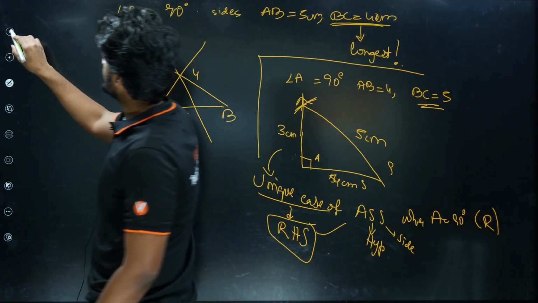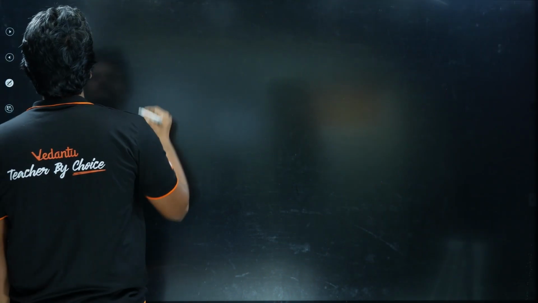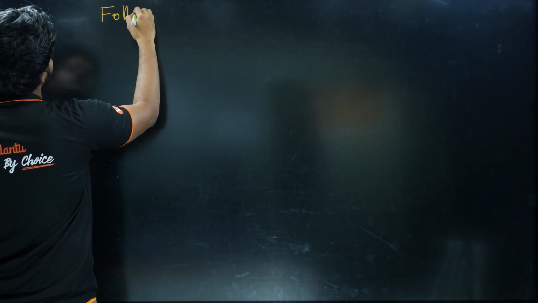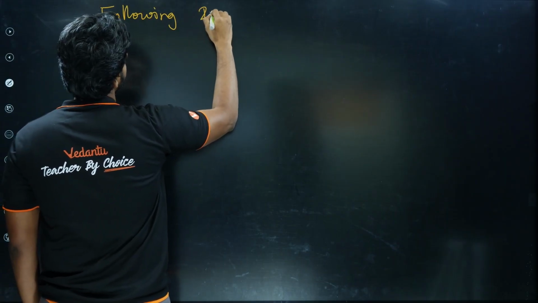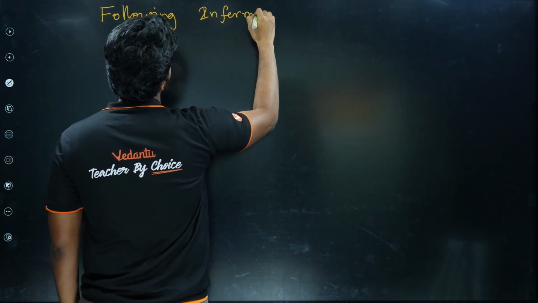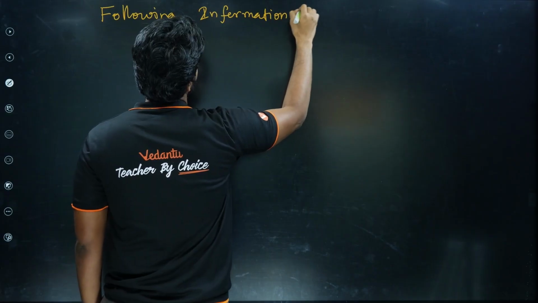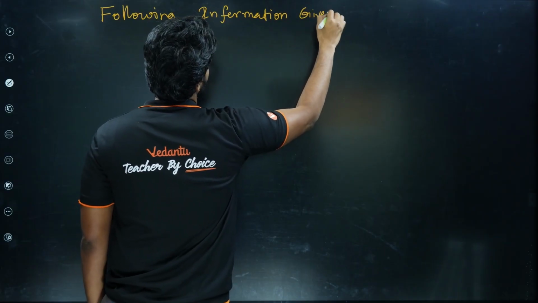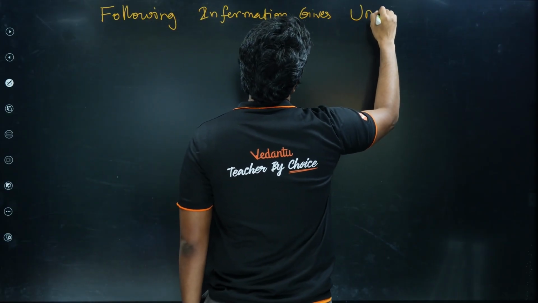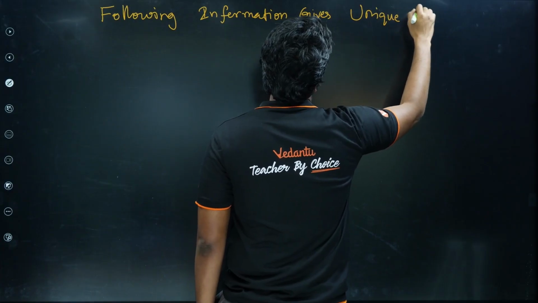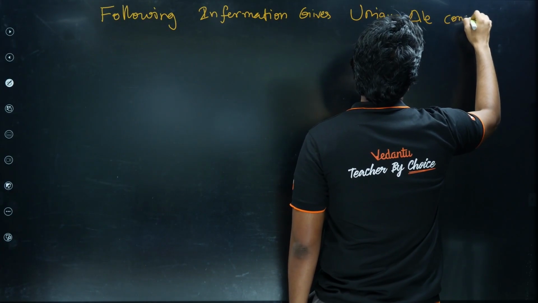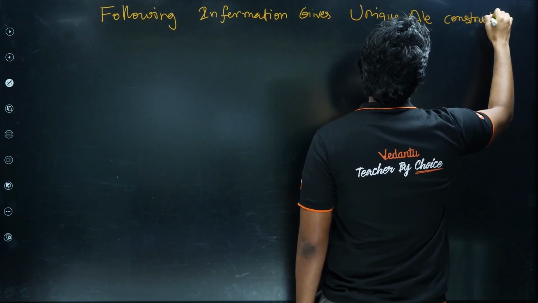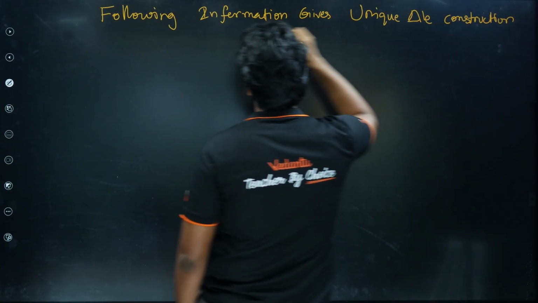So we finally have the following ways of information which gives unique triangle construct, right?